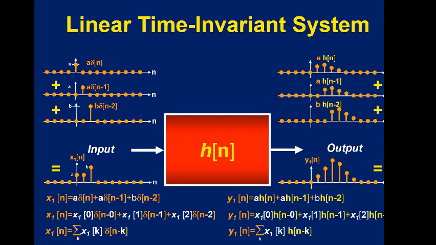And so that's like breaking up the input so that we can use superposition, which is a characteristic of linear systems, and time invariance to create a simple way to compute the output sample by sample and just add up all the individual results.